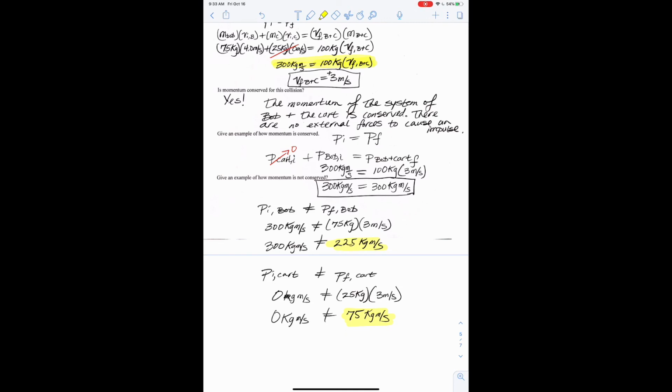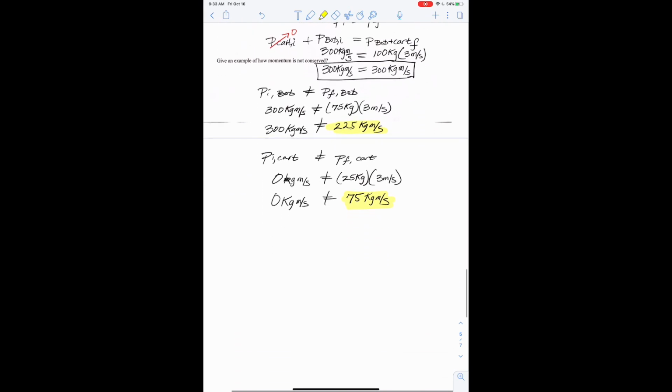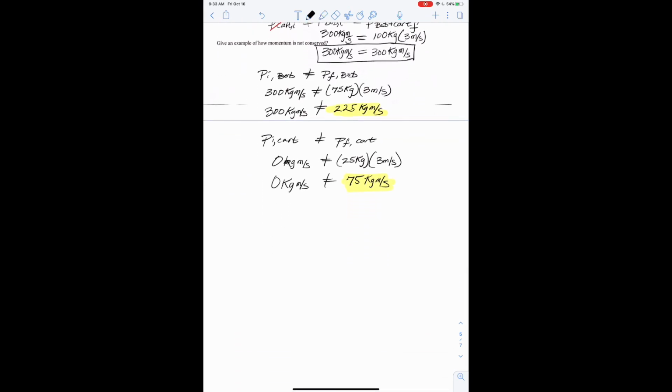So what we're saying here, if we look at what we did last time, is the change in momentum of both. So delta P of Bob is equal to PF Bob minus PI Bob, which is equal to what? PF of Bob was 225. PI of Bob was 300. It's equal to negative 75.